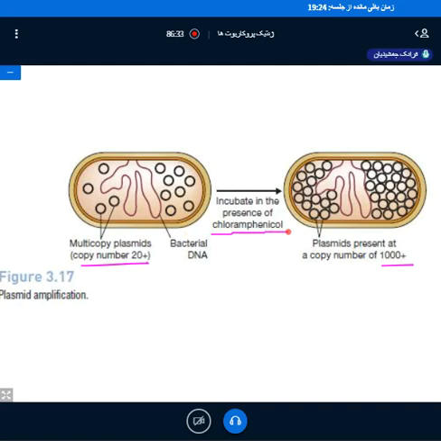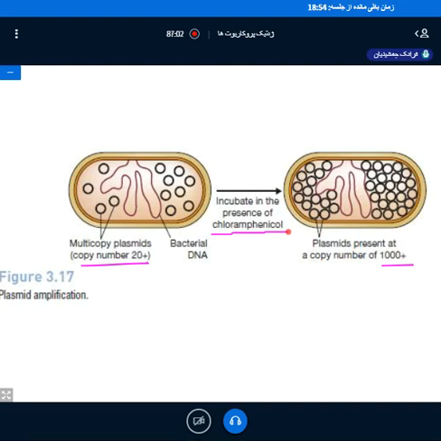Help me, please. Antibiotics. Thank you, Marve. Thank you, Natek. This is a kind of antibiotic.